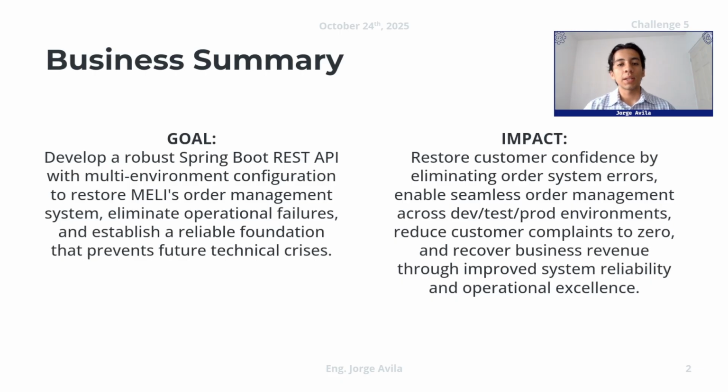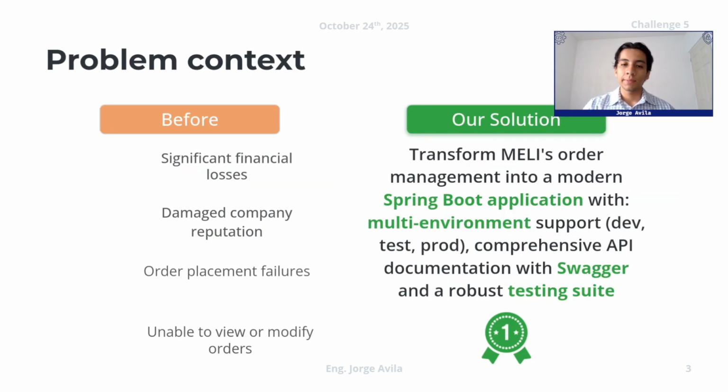The impact that I expect for this challenge is to restore customer confidence by eliminating order system errors, enable seamless order management across dev, test, prod environments, as I said before, and reduce customer complaints to zero, and recover business revenue through improved system reliability and operational excellence.